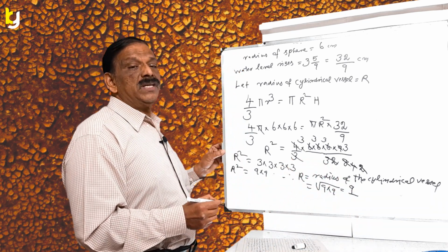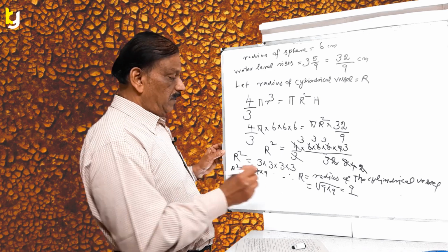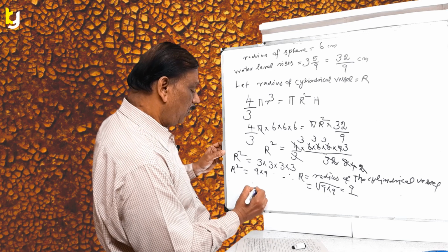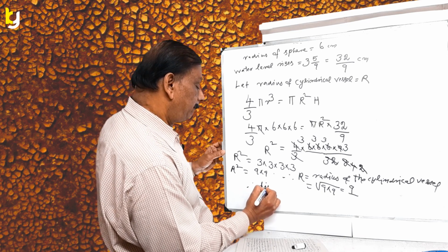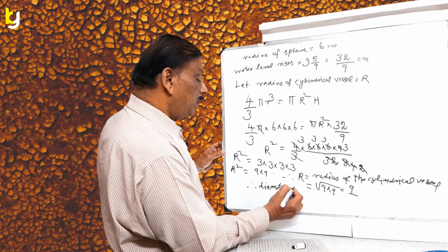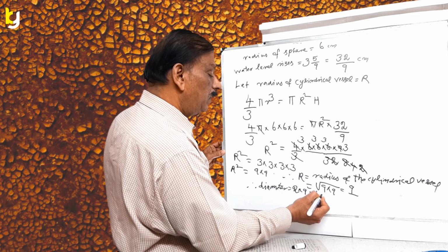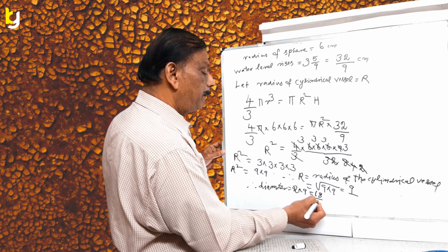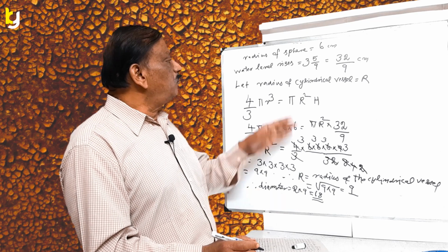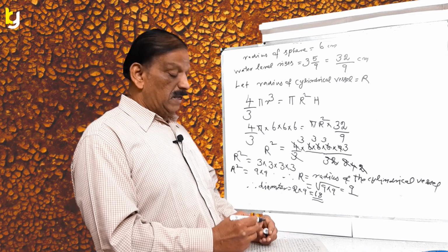But the question is find out the diameter of the cylindrical vessel. So diameter will be 2 into radius. Therefore, diameter equal 2 into 9, that is equal to 18. Hence the answer. Clear? If you have any doubt in any steps, please comment in my comment box.